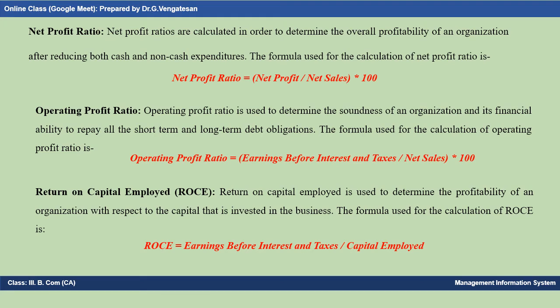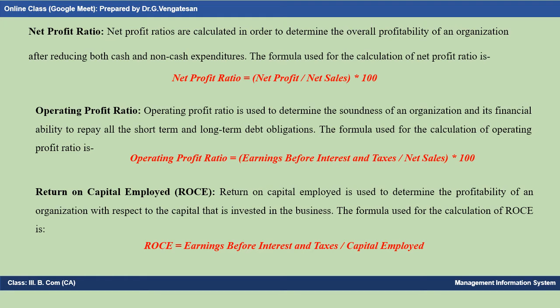The formula used for the calculation of return on capital employed is earnings before interest and taxes divided by capital employed. Here, this return on capital employed is purely used to determine and identify the profitability of an organization with respect to the capital that is invested in the business.